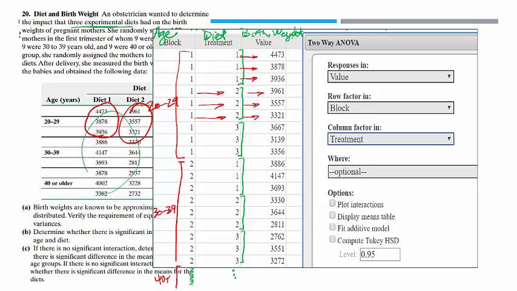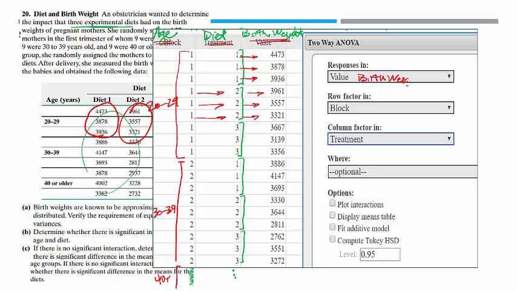So sometimes this will happen. It's just the way that whoever put the data into StatCrunch coded it to go along with your homework questions. So just please keep an eye out for that. And listen, when you get into StatCrunch with the data, if you want to change the words block, treatment, and value to age, diet, and birth weight, knock yourself out. So the responses are in the column for value because that was birth weight.